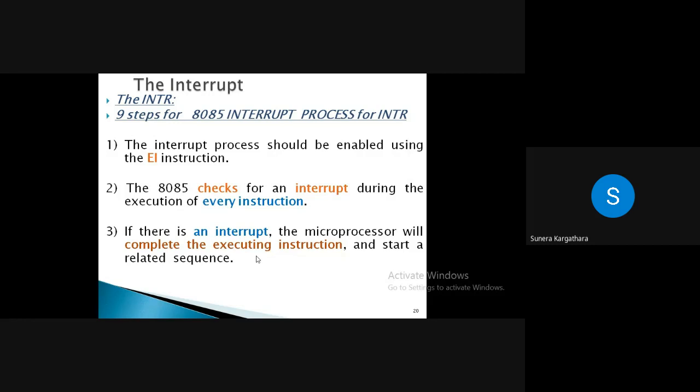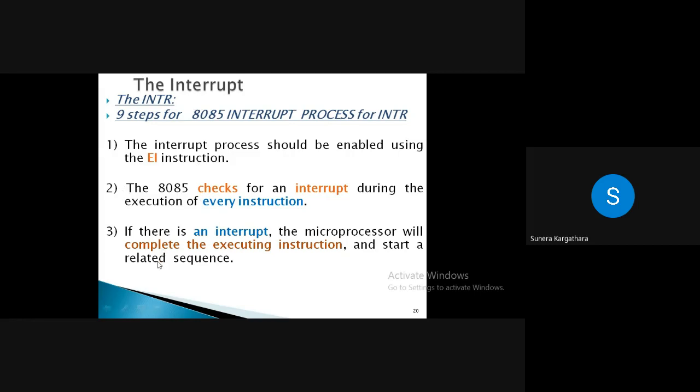For example, right now we are talking about INTR, so it is a maskable interrupt. So it completes the executing instruction. The current instruction will be executed fully, and after that it will go to the interrupt service routine. But in case there is an interrupt on the TRAP pin, then this step will be different.